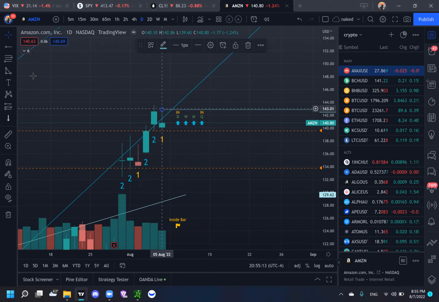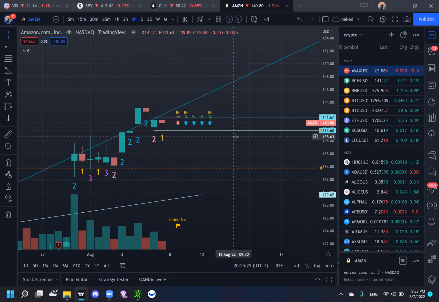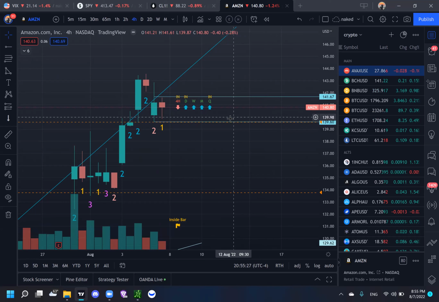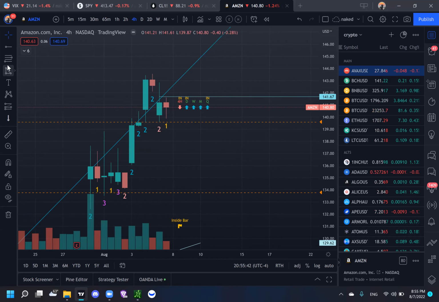Yeah, I would say for Amazon, you can go long. The range is pretty wide on the daily though. I'll probably look on the 4-hour. Yeah, you can get calls above right here, and then get puts below right there. And if it does break Friday's low, if it breaks Friday's and Thursday's low, then that is definitely going back down. Even though technically, look, another TTO right here, kind of. And then we do the little pullback.